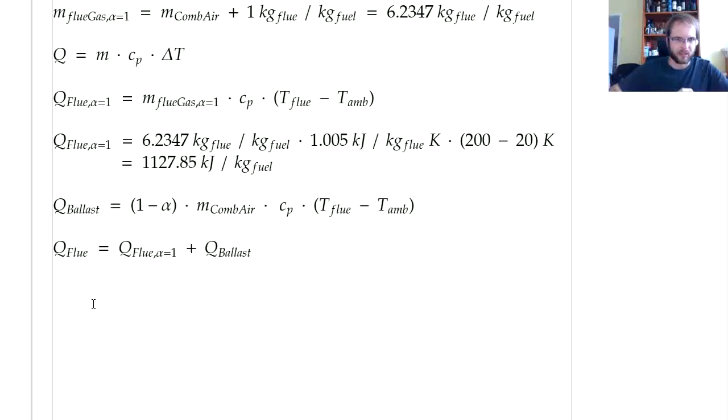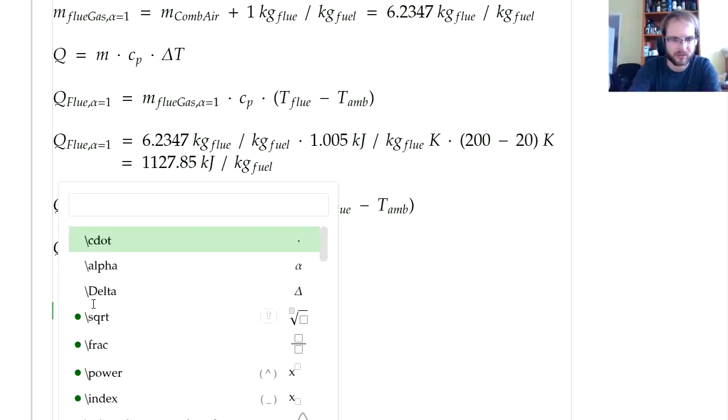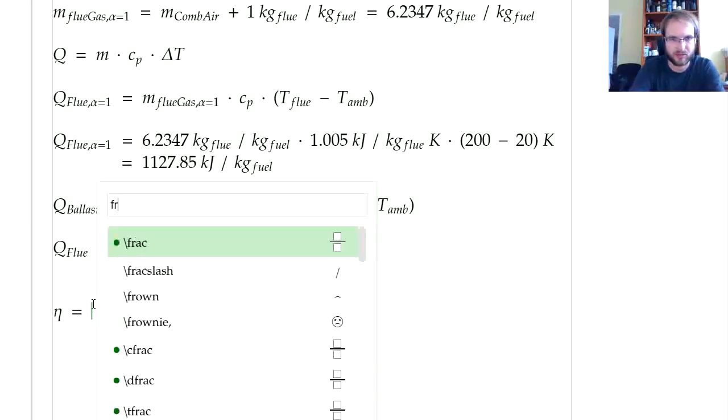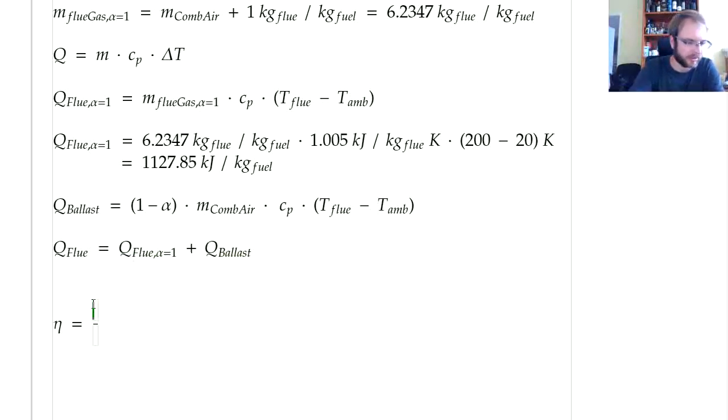So how will it look with the efficiency? The efficiency is always a ratio where we have, with respect to heat, the useful heat, the energy which we get out of the system for some use, divided by the overall energy input. Now in our case, what is the useful heat?